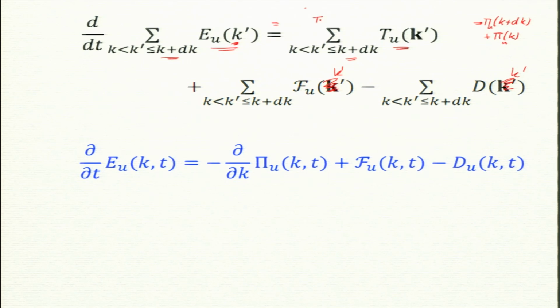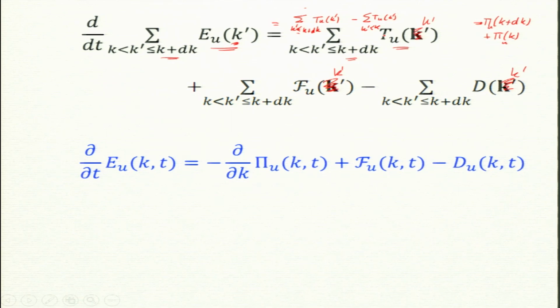This one is the sum of T_uk over k prime less than or equal to k plus dk, minus the sum of T_uk over k prime less than k. I really should make a k prime for a shell. Okay, is that clear?